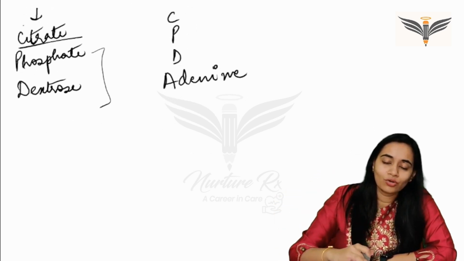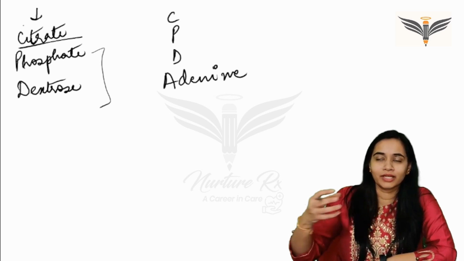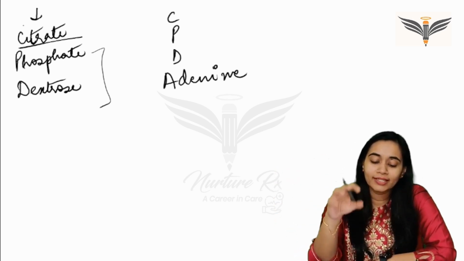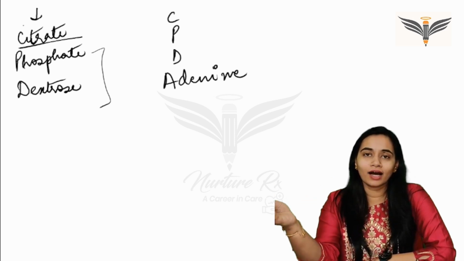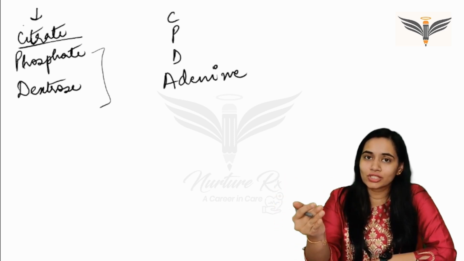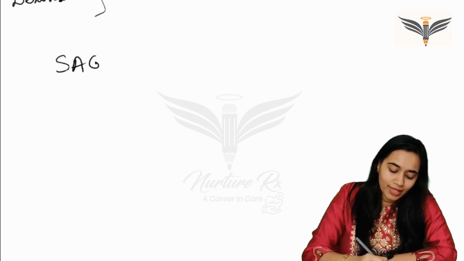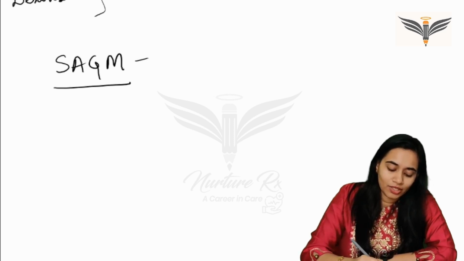Okay, now this whole blood, when the components are separated and PRBC is formed, then there are various additive solutions that can be added, and one of them is SAGM. So what is SAGM?